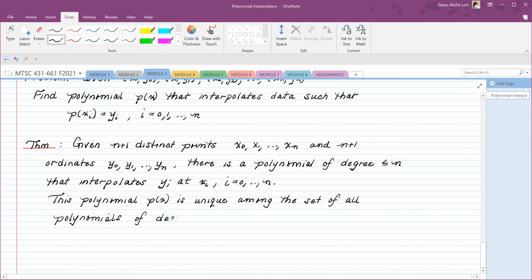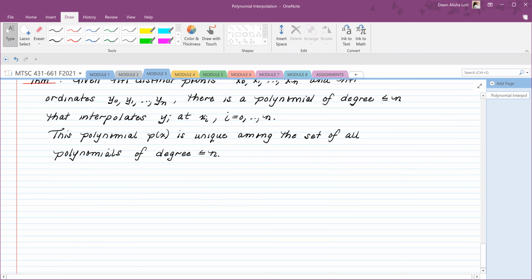So not only can we find one, but the one we find is unique. All right.